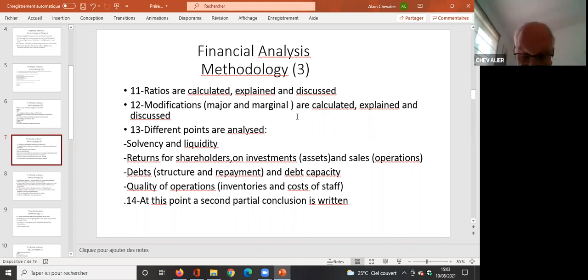Of course you do that, but you have to write them clearly. And for all these conclusions of financial analysis, the words are important. It means the conclusions should not be long. They have to be really well prepared and written.